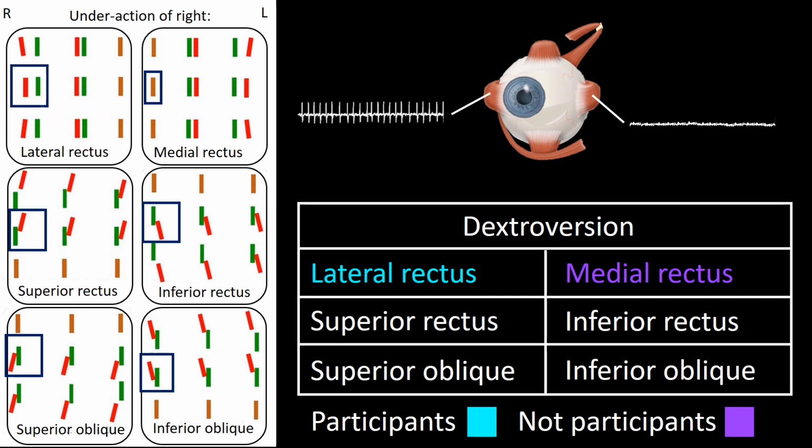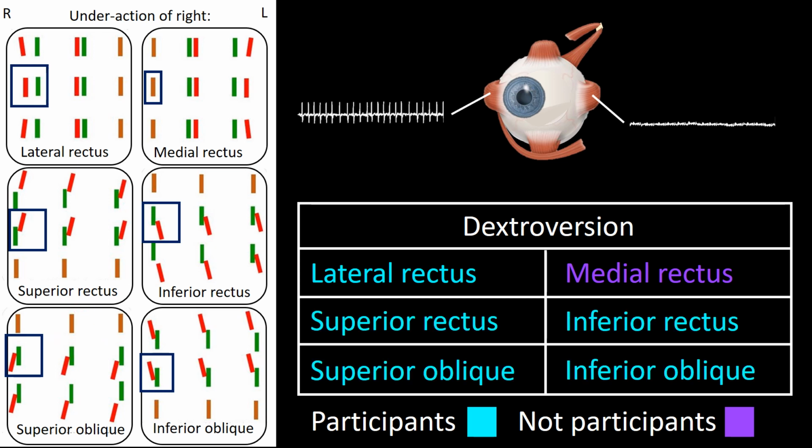Underaction of the right superior rectus, inferior oblique also produce double vision, although to a lesser degree than underaction of the lateral rectus. But notice that underactions of the superior and inferior recti produce more diplopia than the underaction of the superior and inferior obliques.